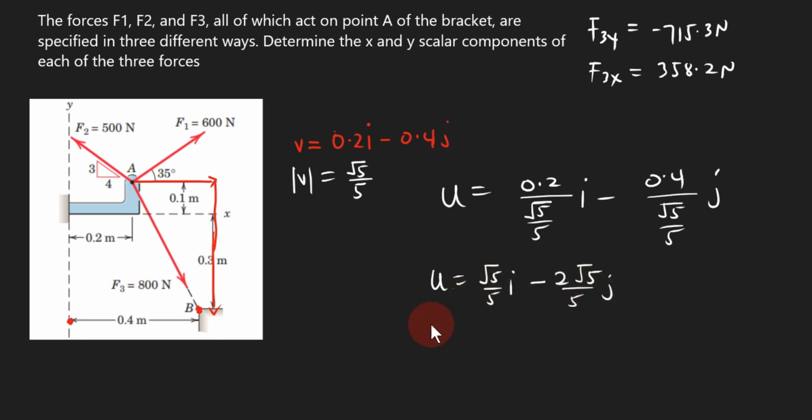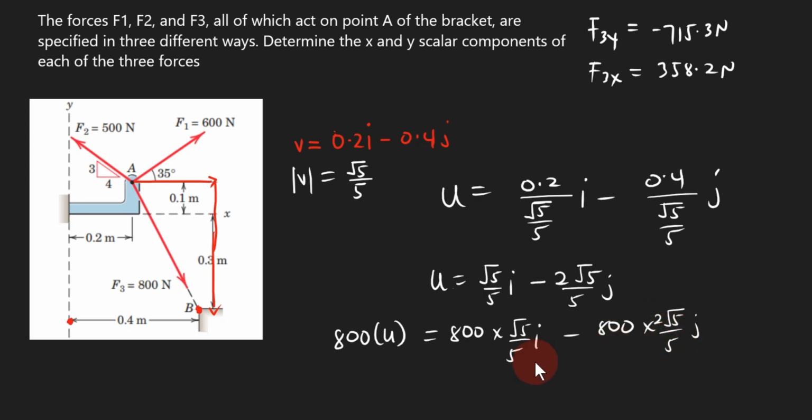Now let's multiply this by the 800 newtons. So 800 multiplying the u will be 800 times square root of 5 over 5i, minus 800 times 2 root 5 on 5j. Let's simplify this.